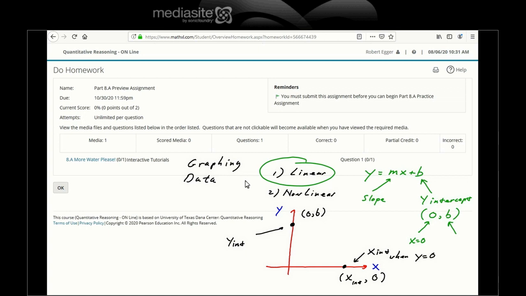And that's going to be where the line crosses the x-axis. So I draw myself a straight line here. Not too bad. So there's our straight line going between our x-intercept and our y-intercept.